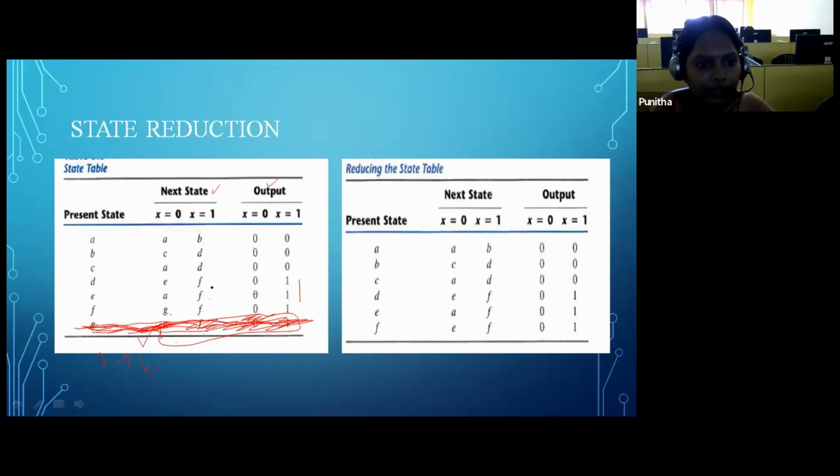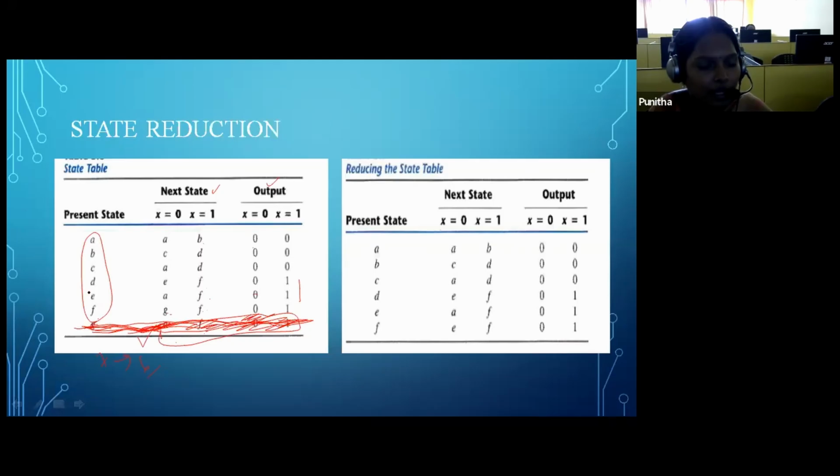After elimination, what I will get is these remaining states. See, my present states are A, B, C, D, E, F. This is the actual state set.